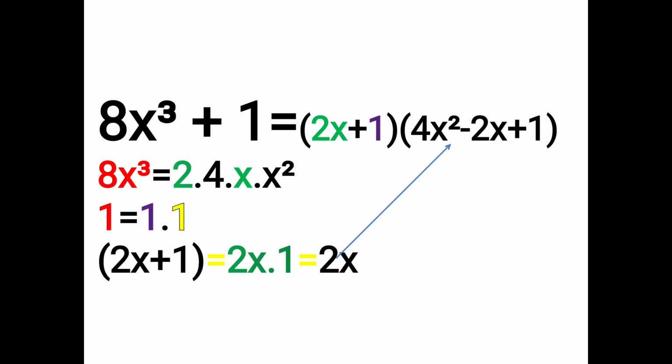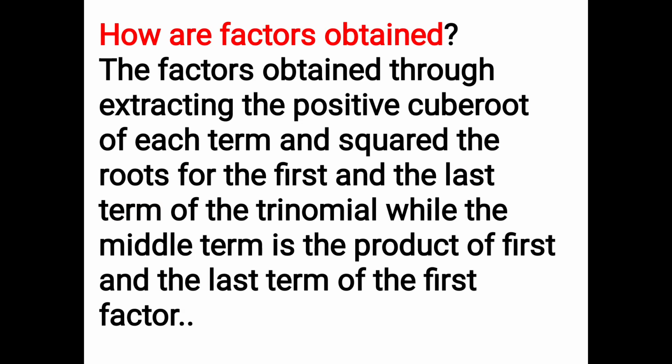We have 2x plus 1 as the first factor, then multiply to get the middle term in the second factor, which is the trinomial. For the middle term we have 2x. So the correct answer is the quantity 2x plus 1 times the quantity 4x squared minus 2x plus 1. So let us proceed.